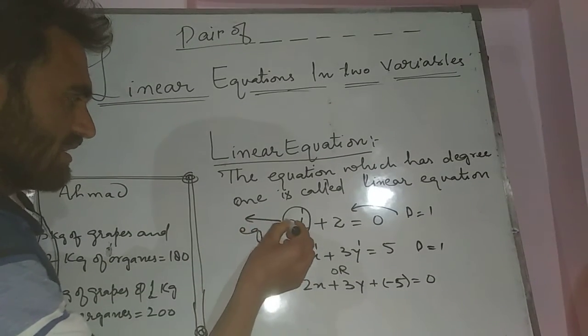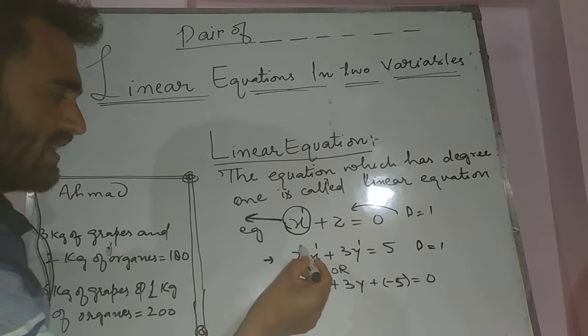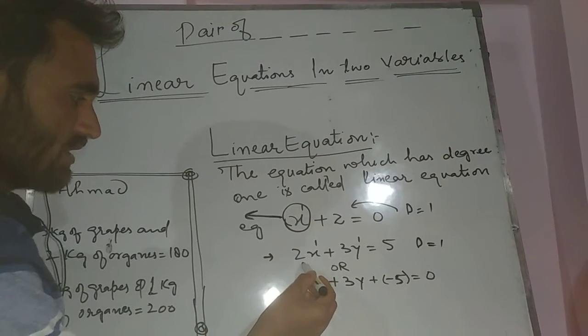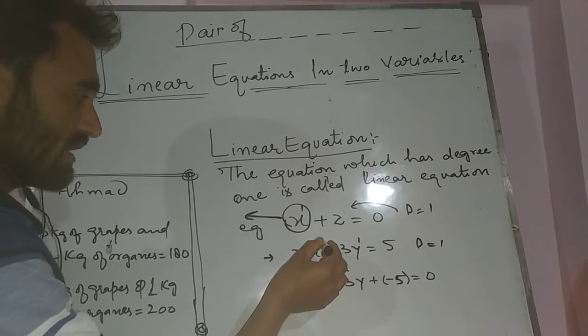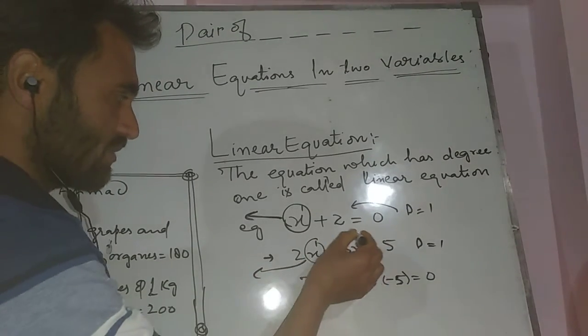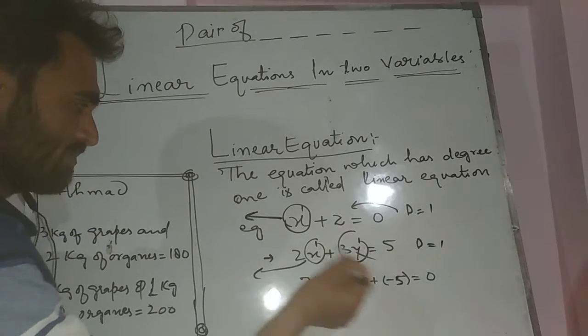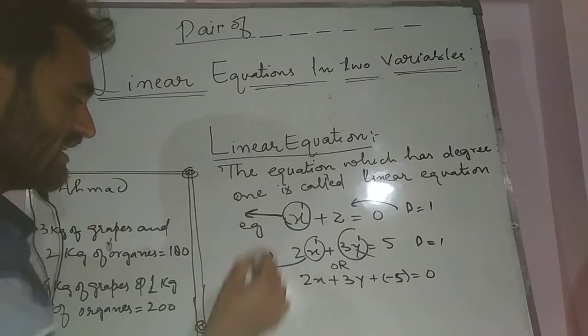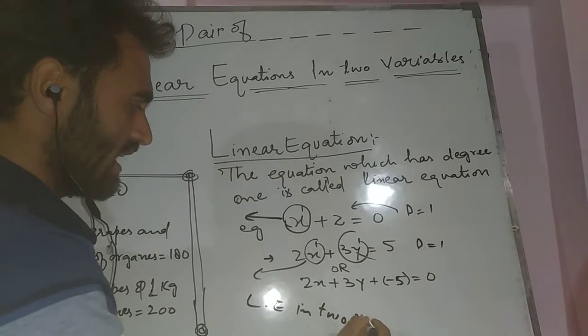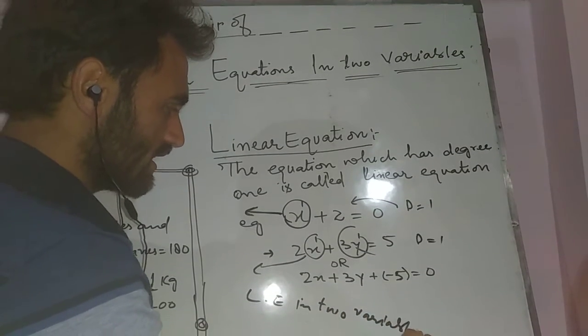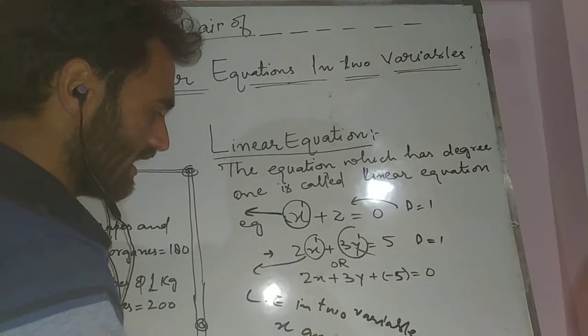Here only one letter, that is x, is used. And the difference in the second one, that is 2x plus 3y is equal to 5, is that here are two variables. One variable is x and the second variable is y. So we can say this equation is a linear equation in two variables, and the two variables which I have used here are x as well as y.